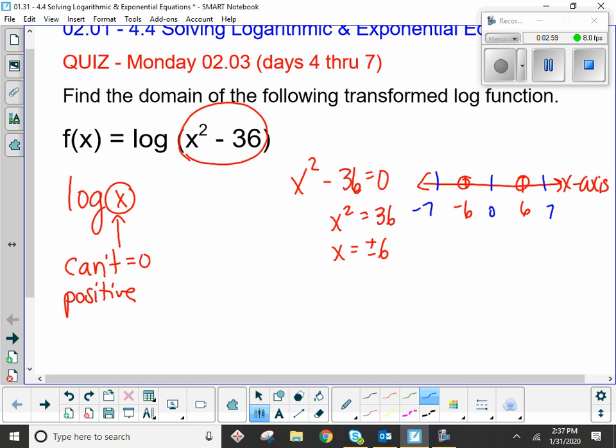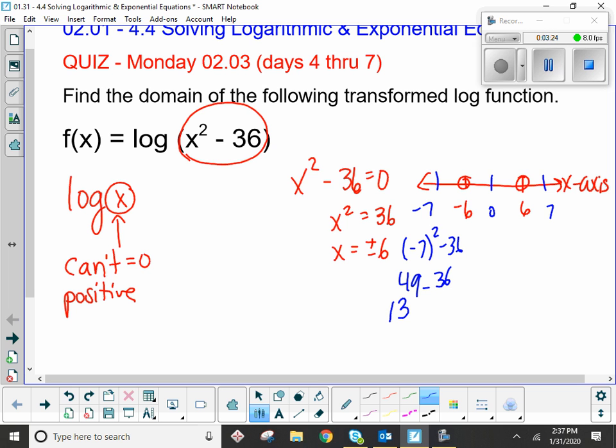We plug those numbers in. So x squared minus 36, this is negative 7 squared. Remember, when you're plugging a negative number into something that's squared, the negative is included. So it's negative 7 times negative 7, which is positive. What's 49 minus 36?